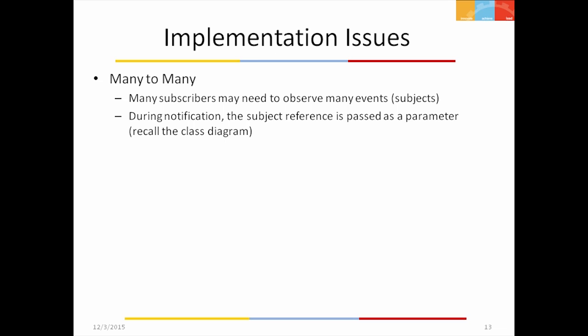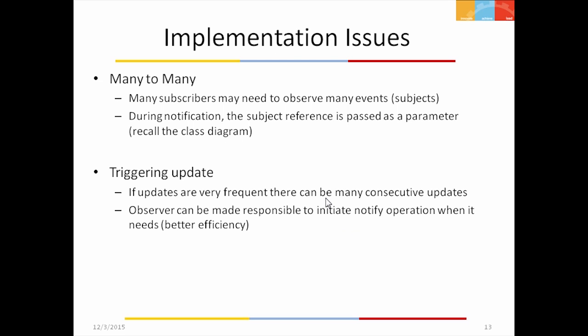During the notification, as you see, the subject reference or the publisher reference is passed as a parameter. Recall the class diagram there. Now if the updates are very frequent, then there can be many consecutive updates, and the observer can be made responsible to initiate a notify operation when it needs.